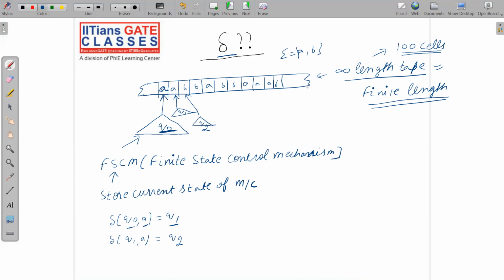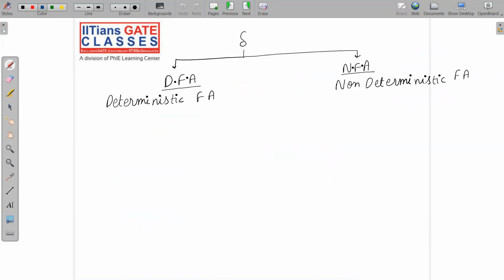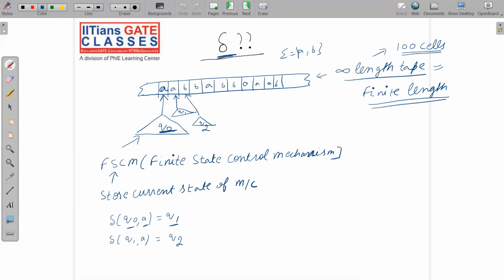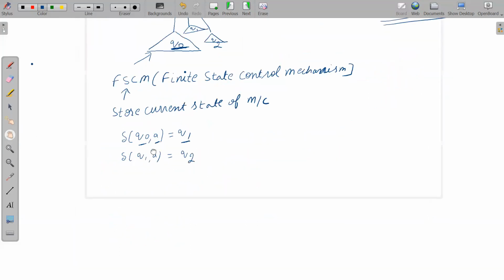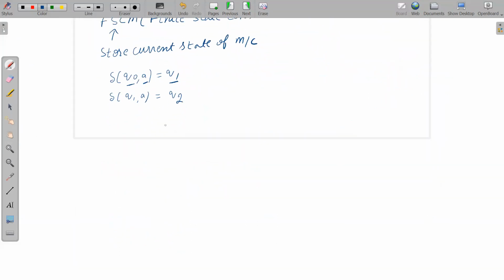So this is a basic introduction to delta. What exactly is delta? See, delta is a function. Let me move the slide. Delta is a function from state and input alphabet to state.